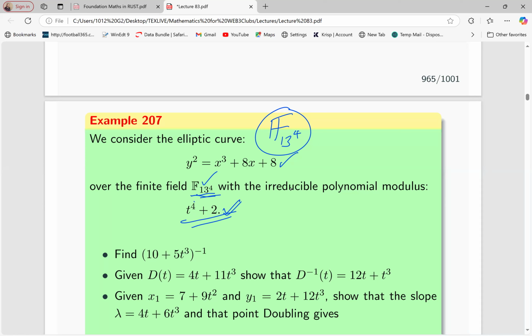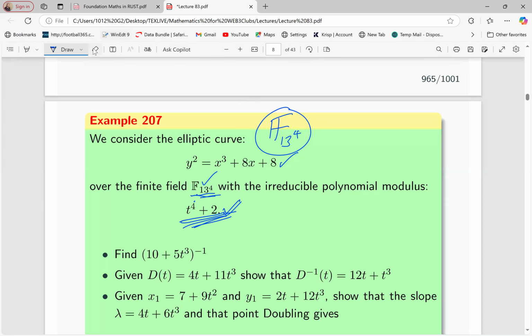The result is supposed to be less than power 4, that is 0, 1, 2 or 3, but not 4 and above. If it's 4 and above, we have to reduce it.